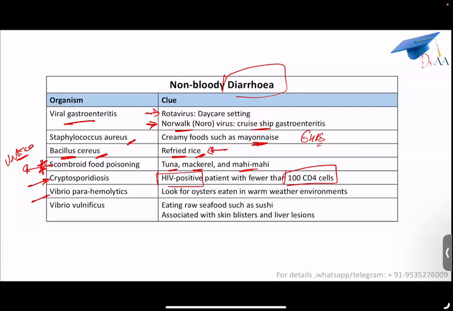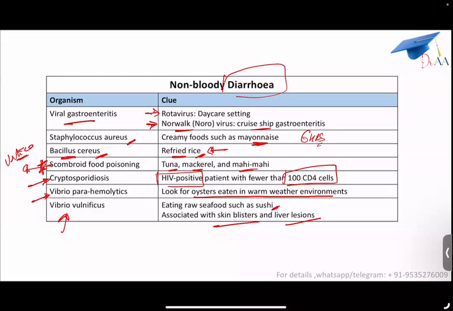What about Vibrio parahaemolyticus? Look for oyster eating in warm weather environments. Oysters when you are having them. Vibrio vulnificus. This is eating raw seafood like sushi, a Japanese dish. They will present with skin blisters or liver lesions, mainly skin blisters is what you need to look out for.